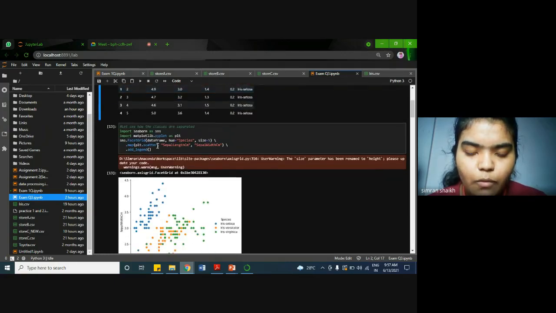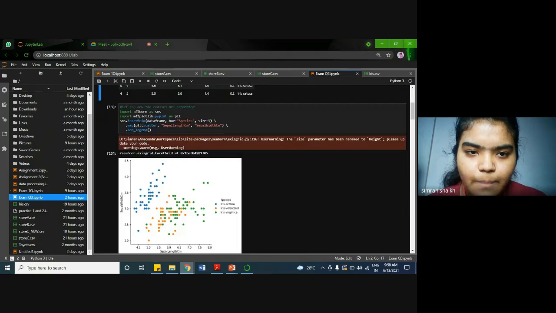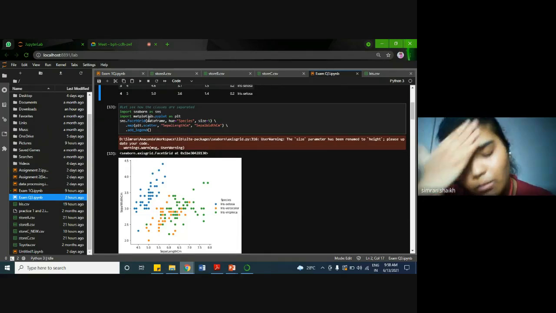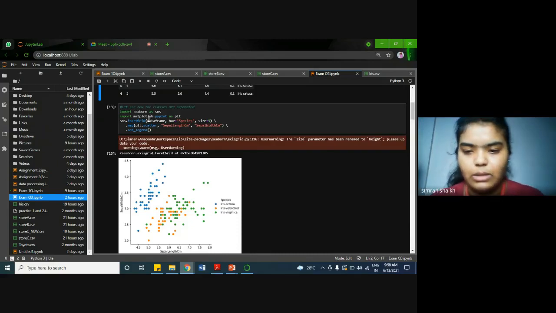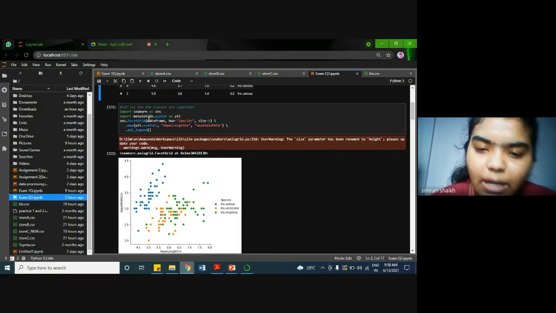All right. Moving on to our next, this imports seaborn and matplotlib as plt, and the facet grid. Now, what does the facet grid do? It is used for the relation between the two data sets, or for plotting the conditional relationships. Here we are using the data frame and the species.